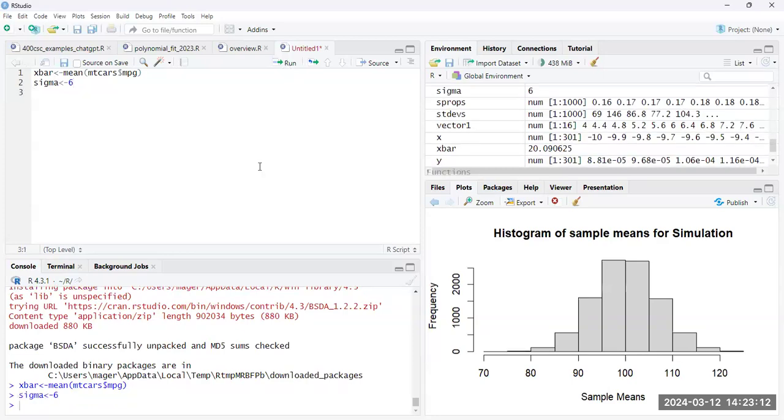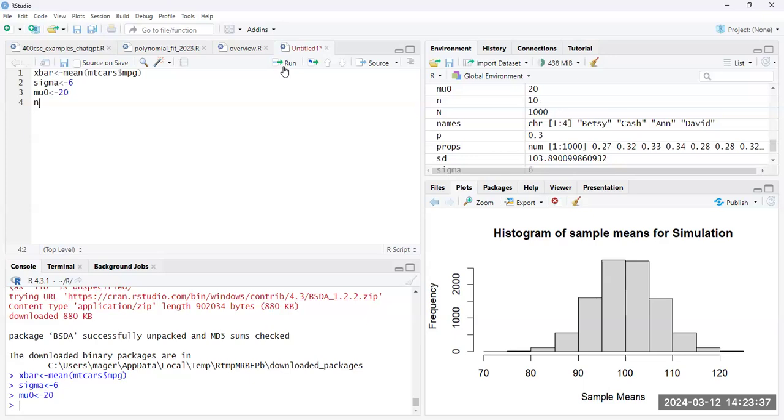Again, we're assuming the population standard deviation simply because that's what you do with the z-test. You have to have that population standard deviation given to you, or you shouldn't be running the z-test anyway. And then our mu0 is the mean for the null hypothesis. So we're going to set that equal to 20.